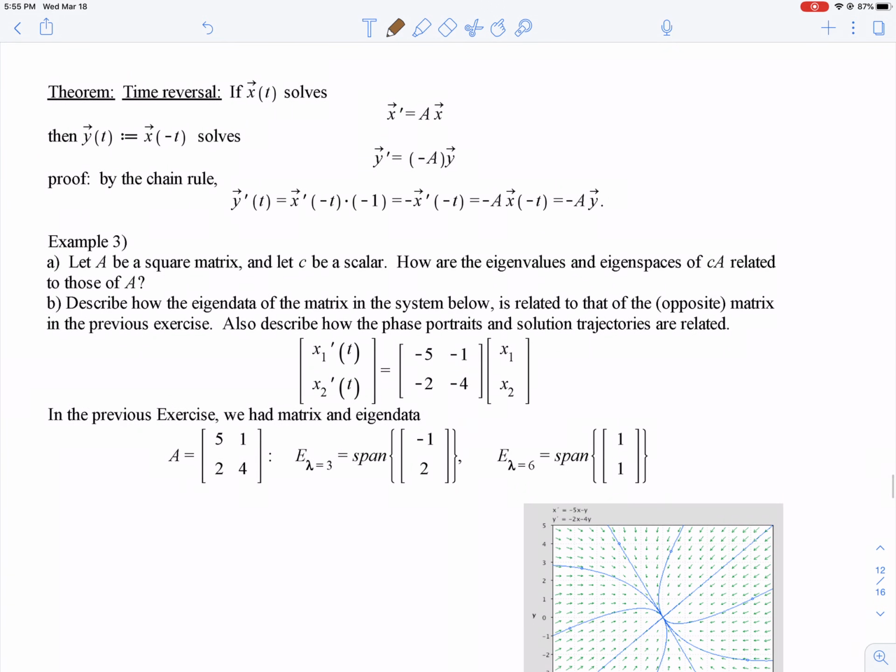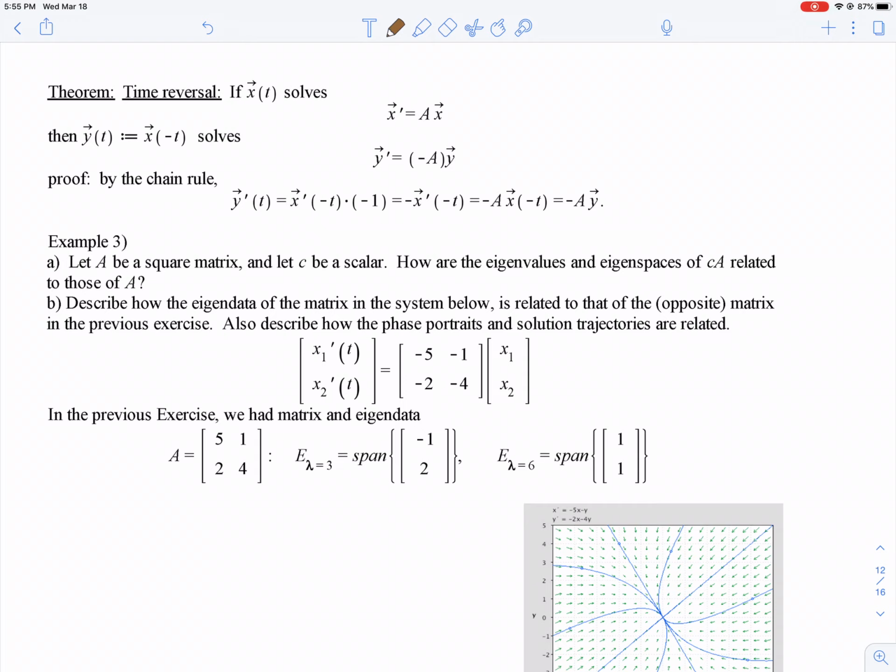Okay, now, so far we've done the case of one positive and one negative eigenvalue, and two positive eigenvalues. Now we're going to do two negative eigenvalues, and we'll save time by using this theorem about time reversal.